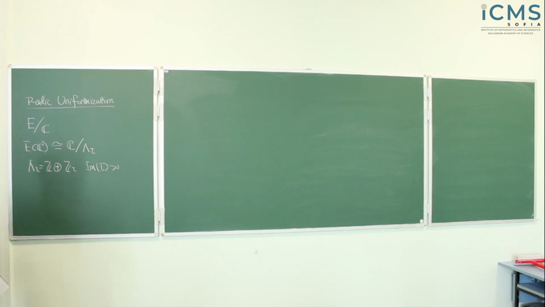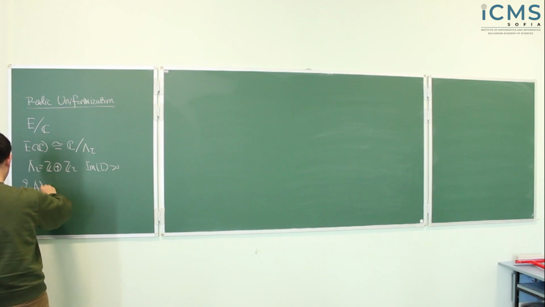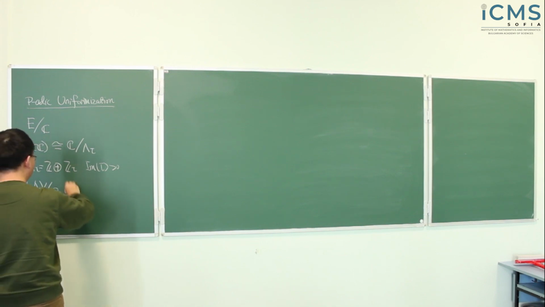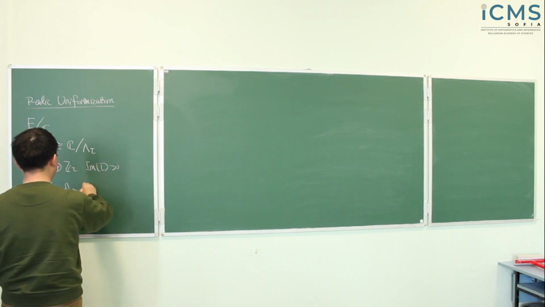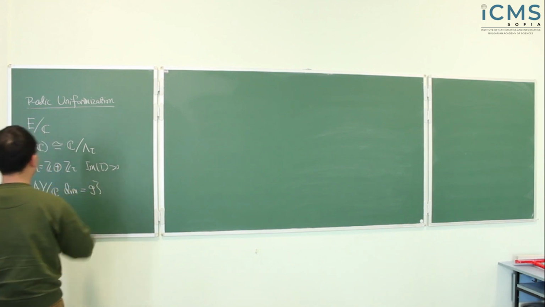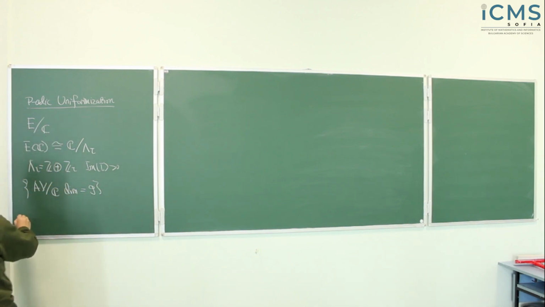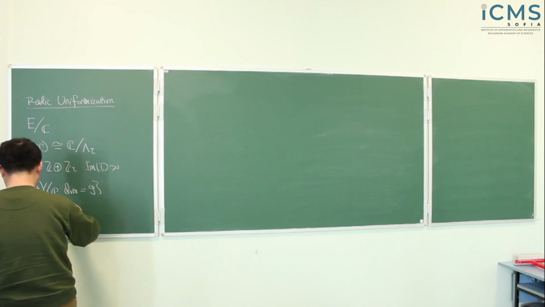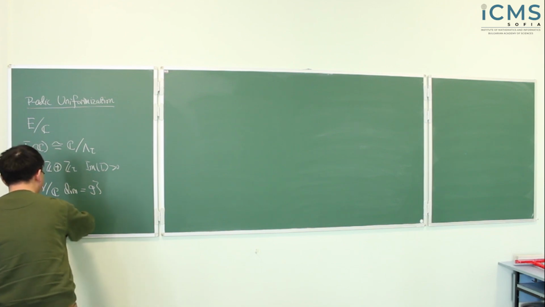If we increase the dimension, we get Abelian varieties. For complex Abelian varieties of dimension g, we have an analytification functor that gives us a complex torus of dimension g.